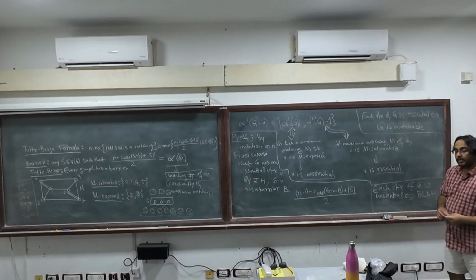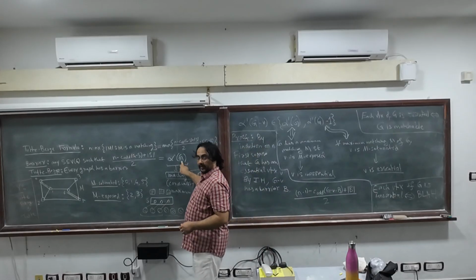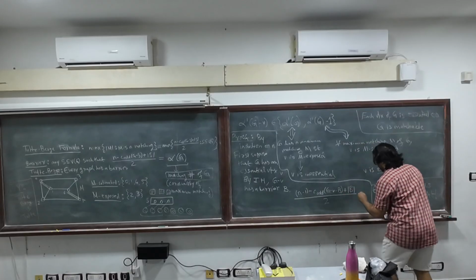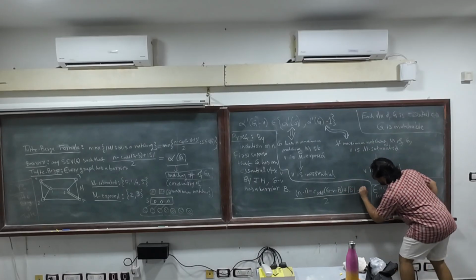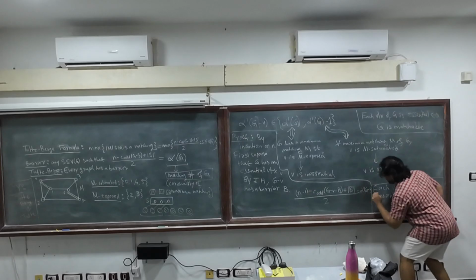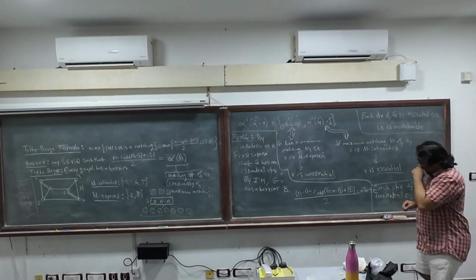This is equal to the matching number of G minus B, which is alpha prime of G minus V. Yeah, that's what a barrier is by definition, right?